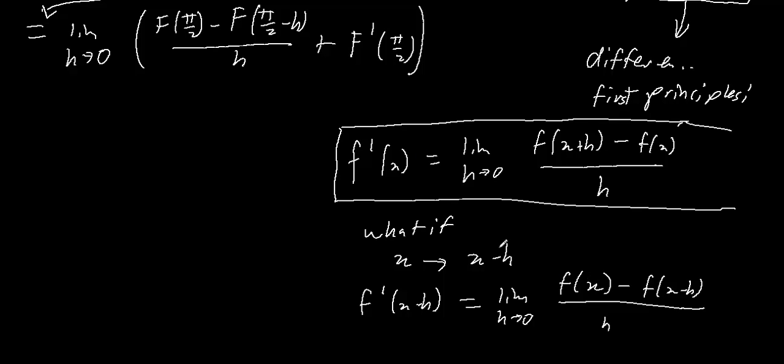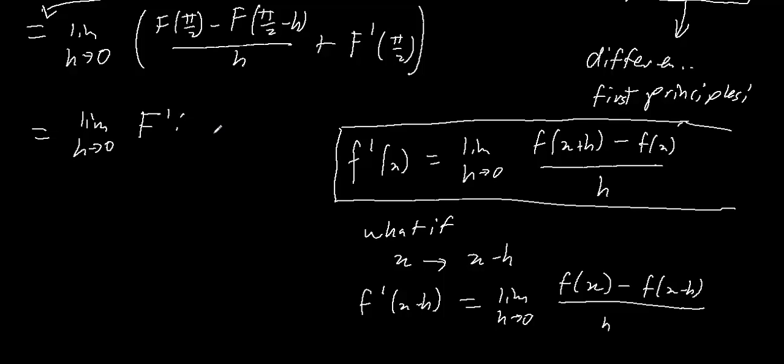This time x is equal to pi on 2. So then I can substitute that this is equal to the limit, h is still getting closer to 0, of f dash of, it's not x, it's pi on 2, sorry.